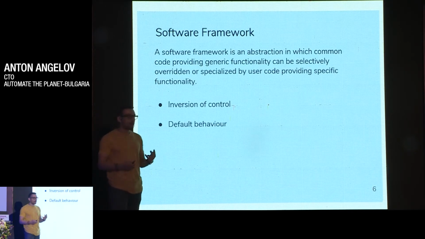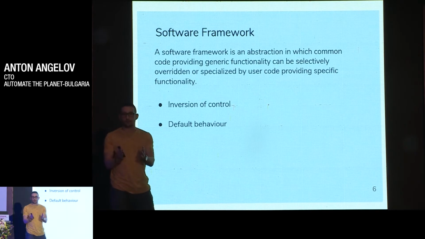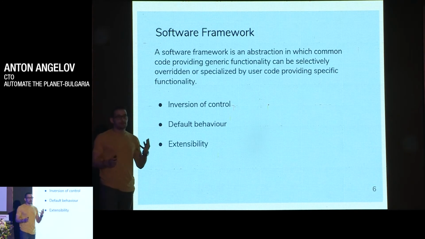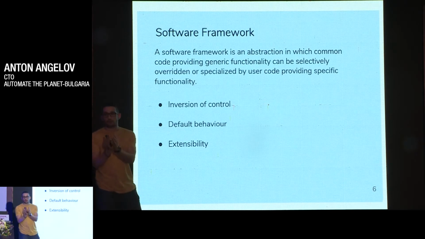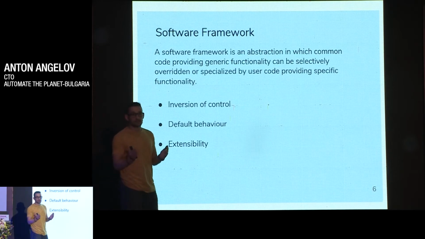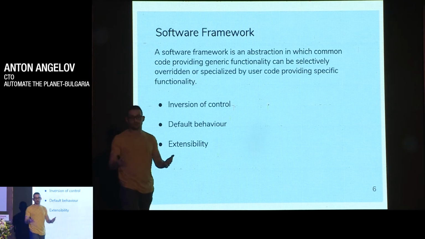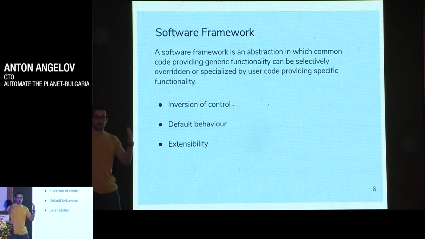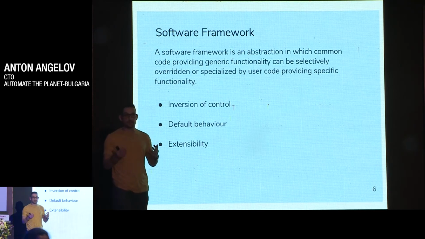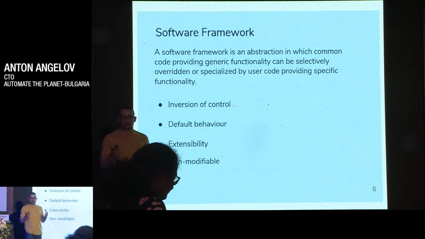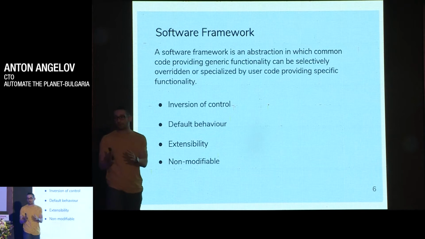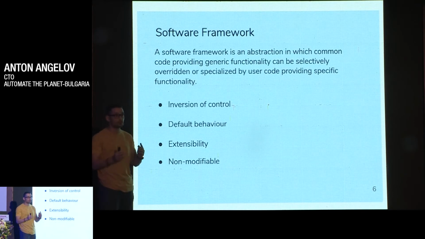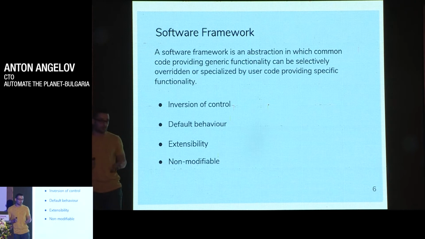The second thing is that the framework provides you a default behavior. The third thing, and maybe the most important part, as you will see later in the examples, is that you're able to customize it and extend it to fit your needs, because sometimes the default behavior is not working out of the box for the team. You can do that by overriding methods, by using hooks or delegates, etc. And last but not least, you can customize and extend the code, but you cannot change the source code of the framework. This is maybe the most important part, because usually not all of these frameworks are open source.